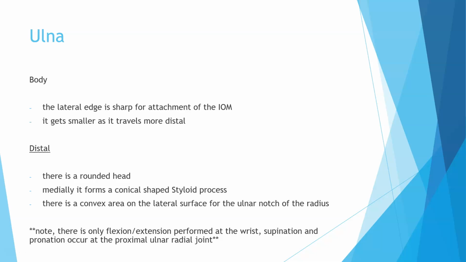That big bump that you notice always at the wrist represents the styloid process of the ulna. And of course, because we have this area of articulation distally between the radius and ulna, there is a concave area on the lateral surface of the radius, the ulnar notch of the radius.